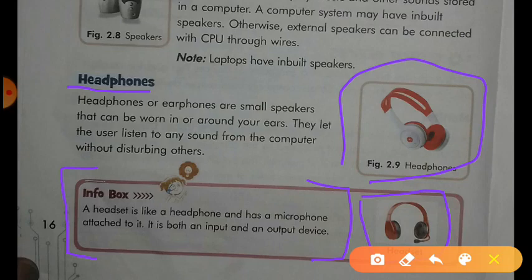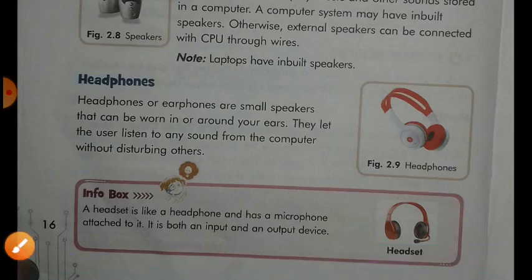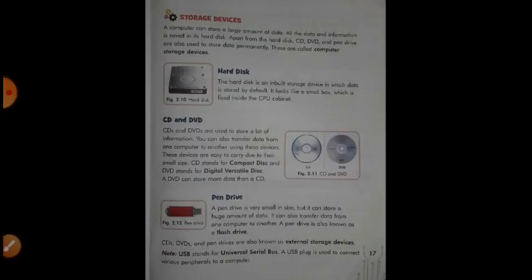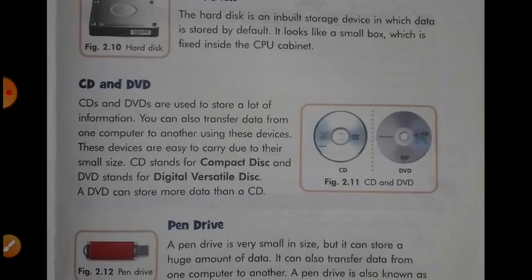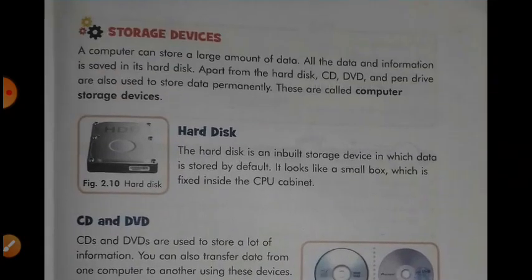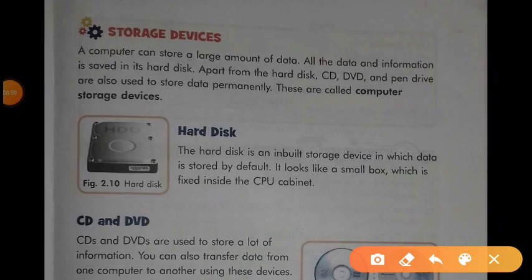Now come to the next page. This is page number 17. Now the topic is storage devices. Dear students, a computer can store a large amount of data. All the data and information is saved in its hard disk.